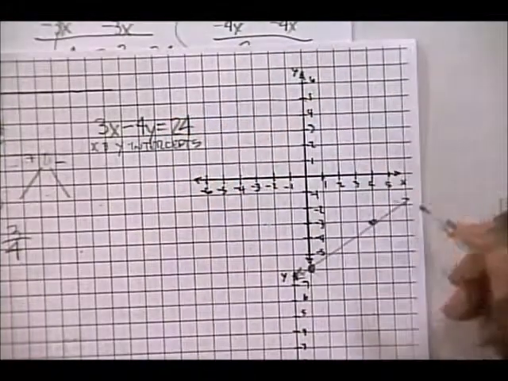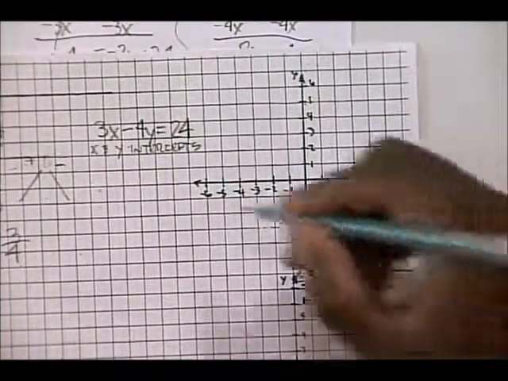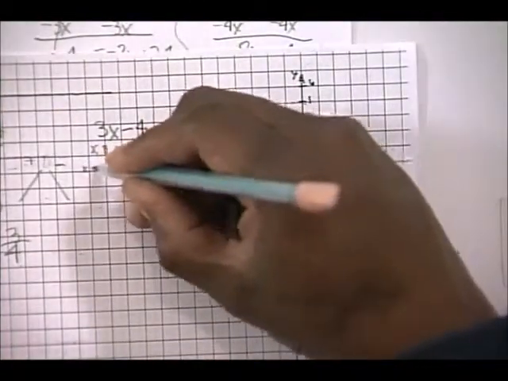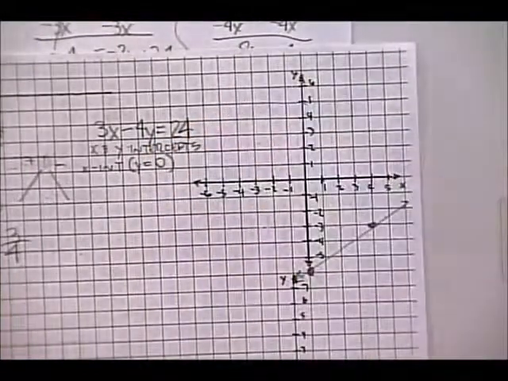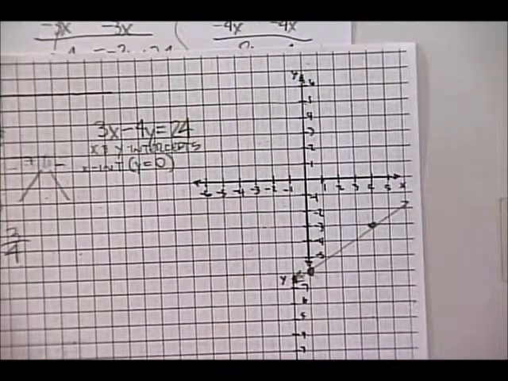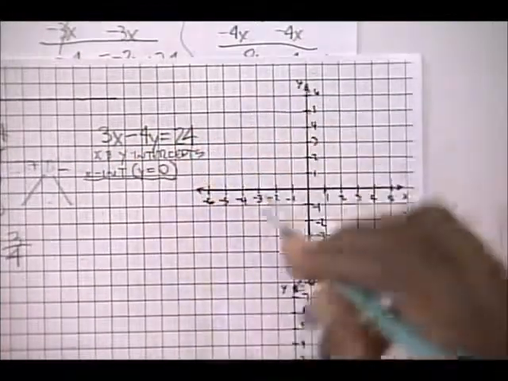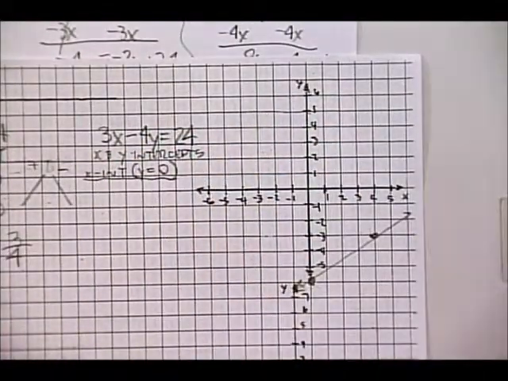The way you find an x-intercept is you just make y equal to 0. You just have to trust me. If you want an x-intercept, you have to make y 0.